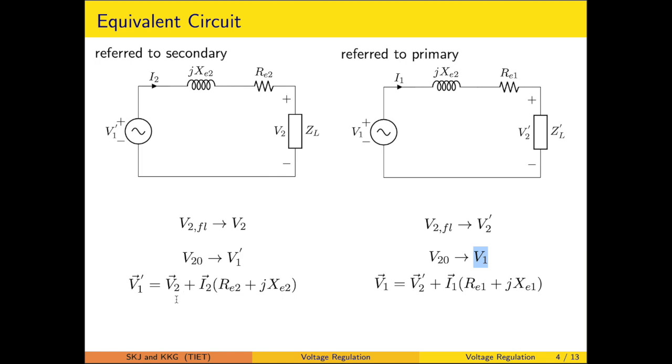So the phasor equation, which is the KVL relationship, is dictated by the expression like this for the equivalent referred to the secondary, and this will be the KVL relationship when it is referred to the primary side. Now, as we made clear in the previous lecture, the performance is unaffected whether we refer the transformer to the primary side or the secondary side.